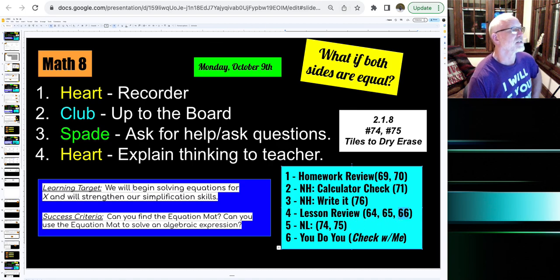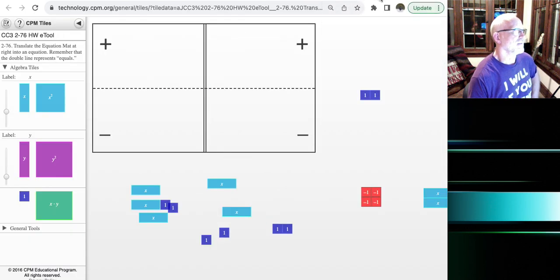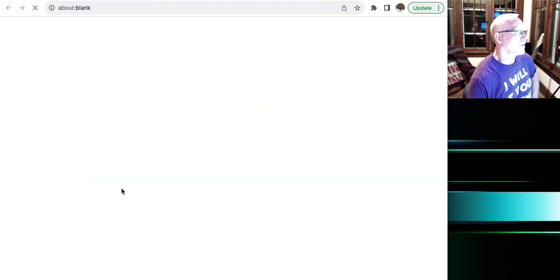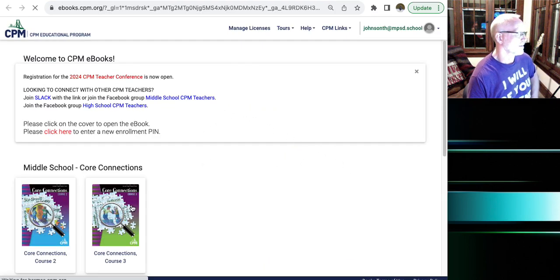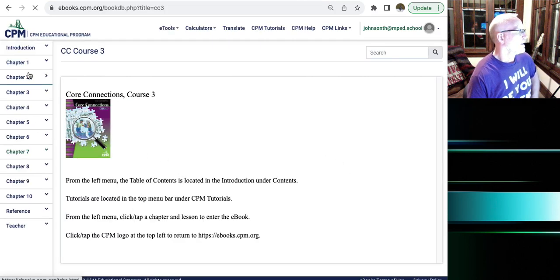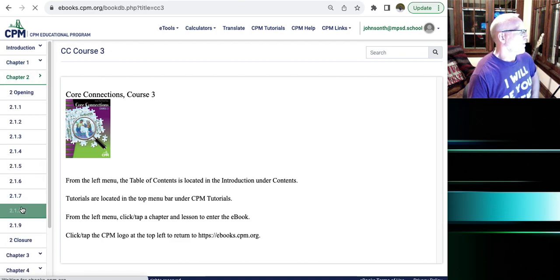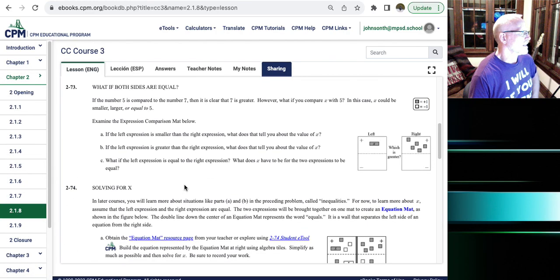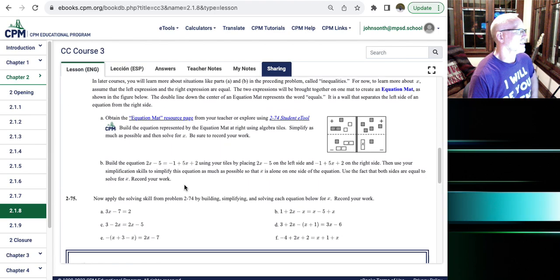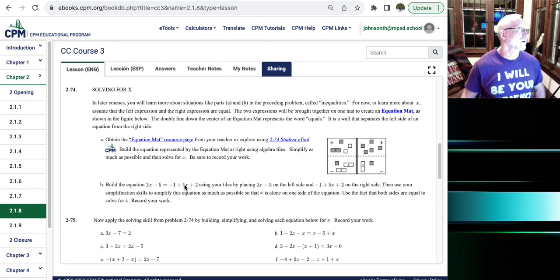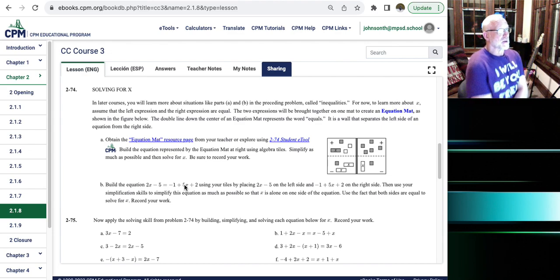The new lesson is 74 and then 75. Where are you? 74 and 75. This is on 2.1.8, and we get to 74. It says solving for x. In later courses, you will learn more about situations like part A and part B in the preceding problem called inequalities.